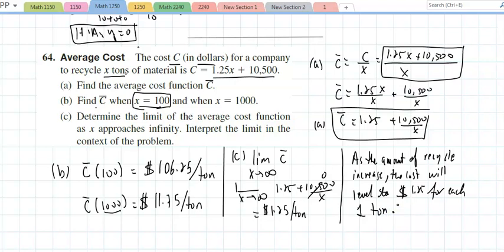So it means if you could go high enough, if you can get enough tons of waste, you just need enough customers, your cost is going to be $1.25.